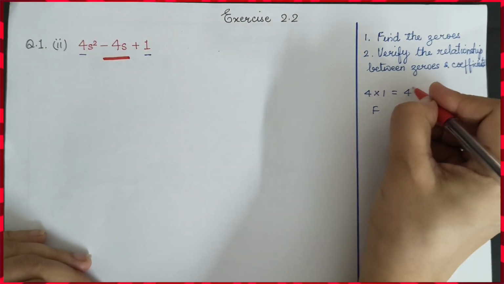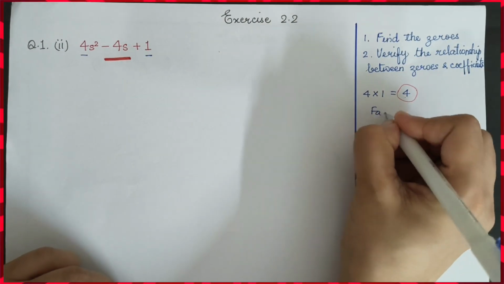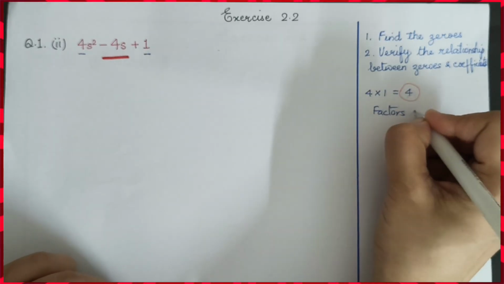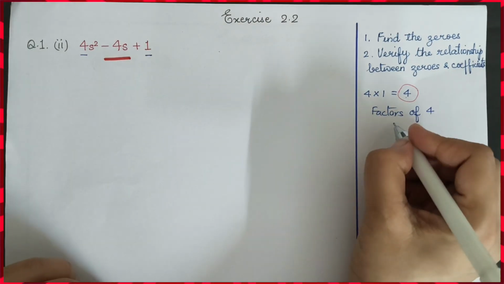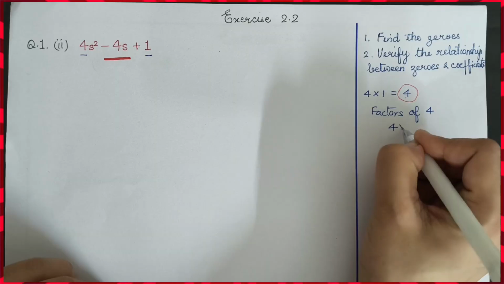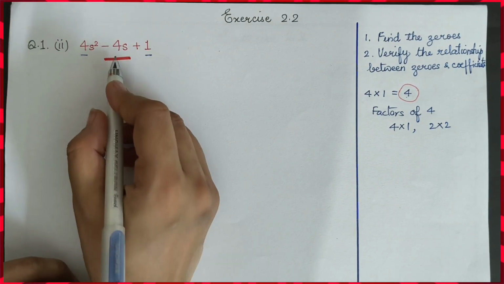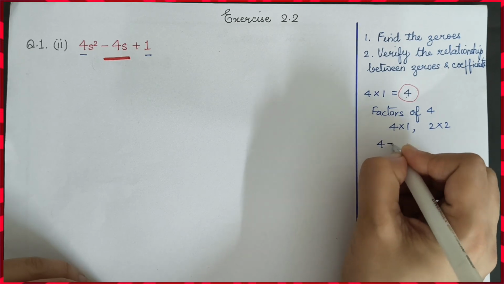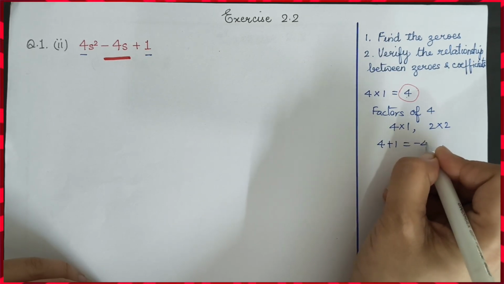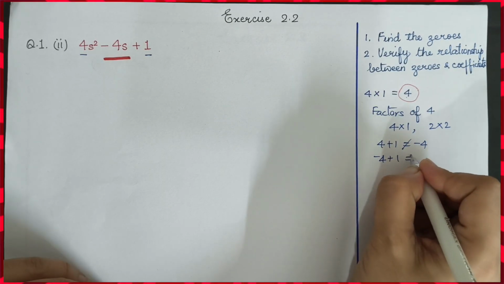So now we have to find the factors of 4, and there can be different factors of 4, so we will take the right ones. The factors of 4 can be 4 into 1 as well as 2 into 2. But we need the factors which will give us minus 4 when we add or subtract them. If we take 4 plus 1, we don't get minus 4.